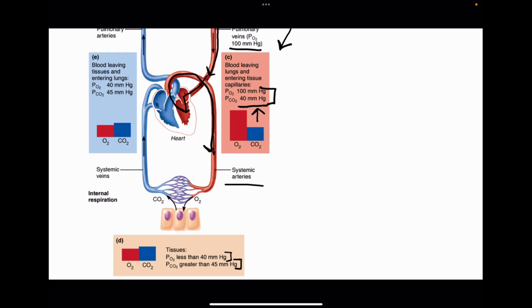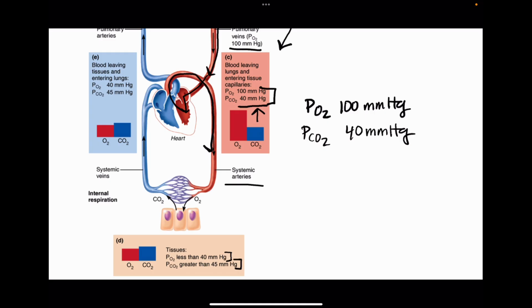So now, in the oxygenated blood, its PO2 is 100 and PCO2 is 40 millimeters of mercury, at your tissues, where we're going to exchange oxygen and nutrients right now at the tissue level. We have this oxygenated blood. We're going to deliver that oxygen to all of our organs, right?